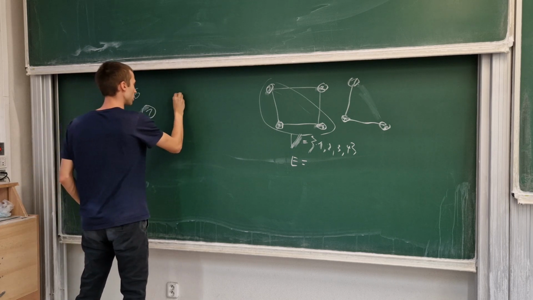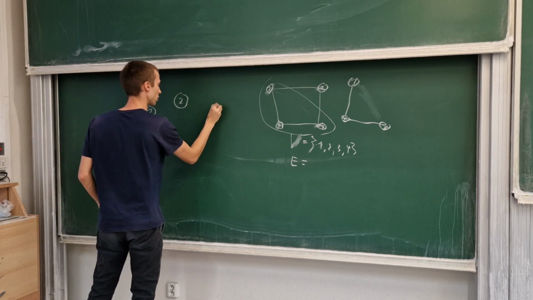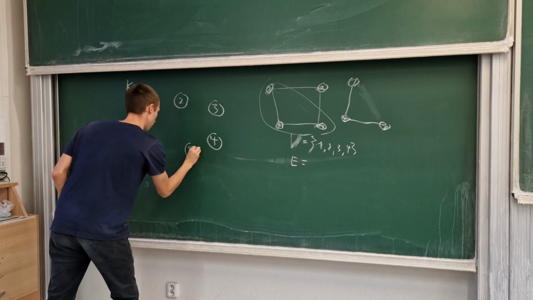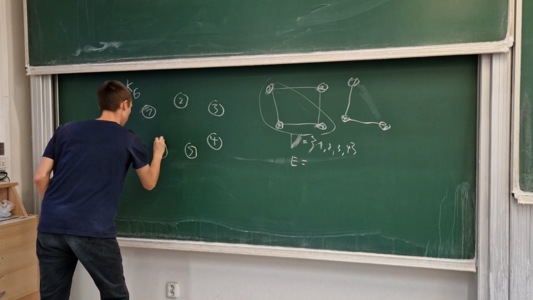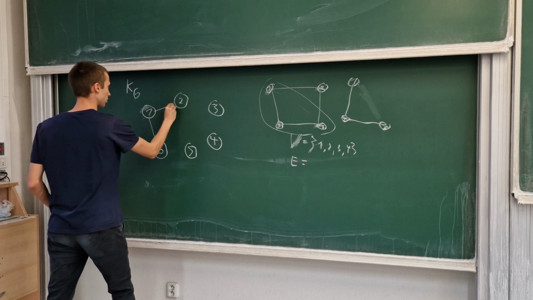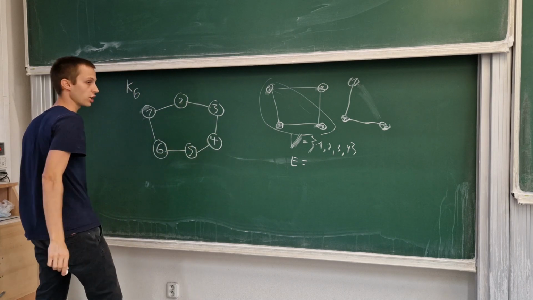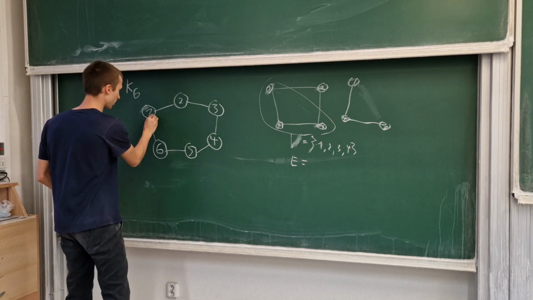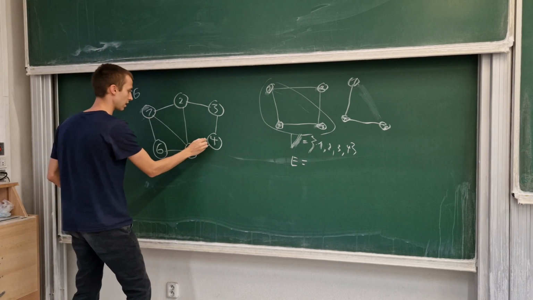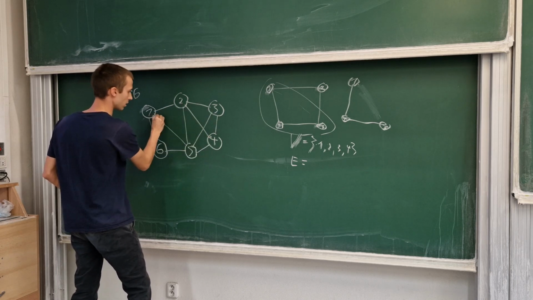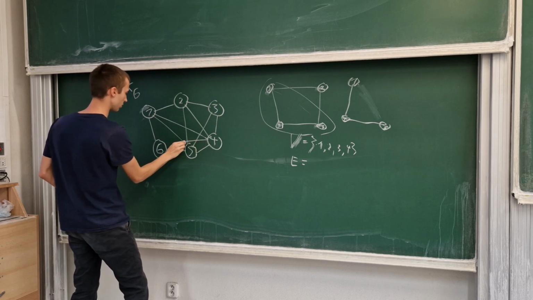So 1, 2, 3, 4, 5, 6. Alright, so let's connect them all. And a complete graph, as I said, all the vertices have to be connected to each other. We will have a lot of connections. So we have to make sure that this one is connected, this one is connected like this one is already taken care of, this one. Then we have this one, we have to connect this one with this one.